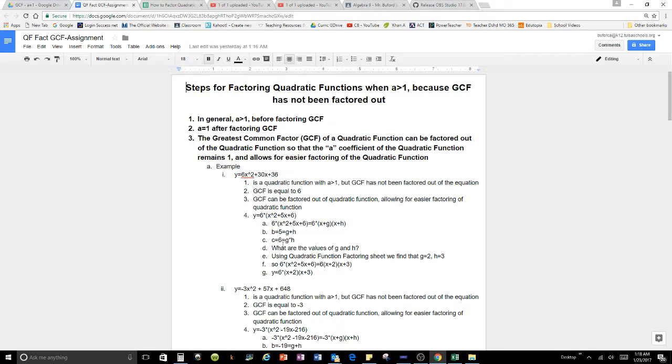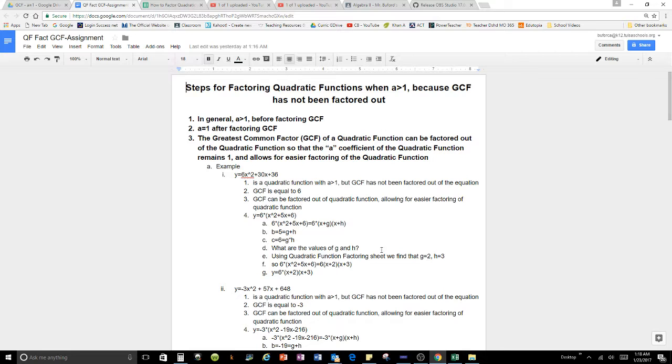So since 2 and 3 satisfy both criteria, where 2 times 3 equals 6 and 2 plus 3 equals 5, then g must equal 2 and h must equal 3.